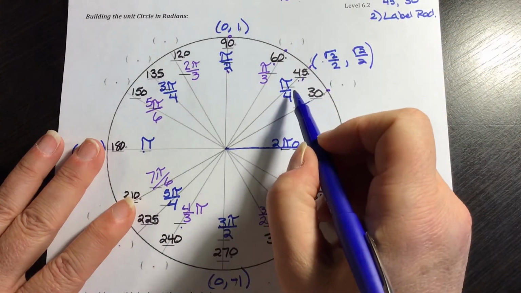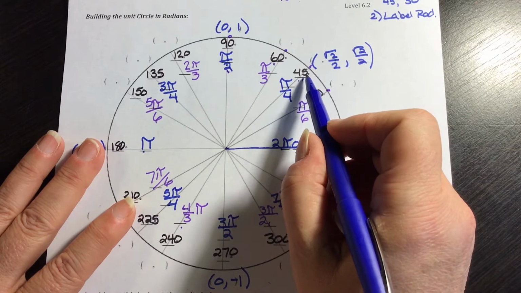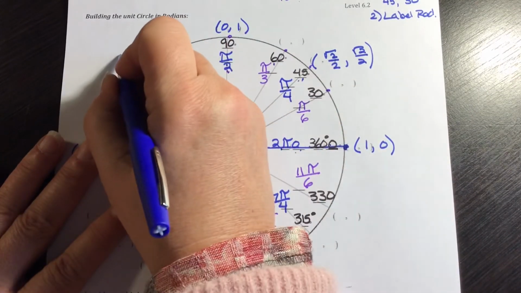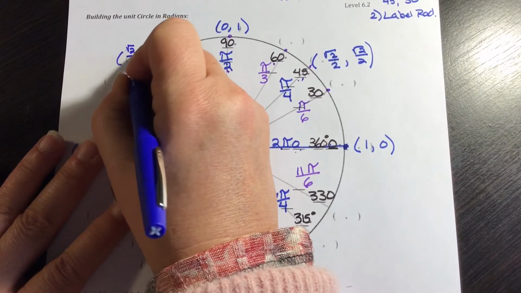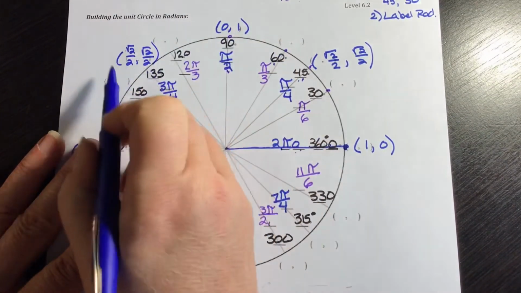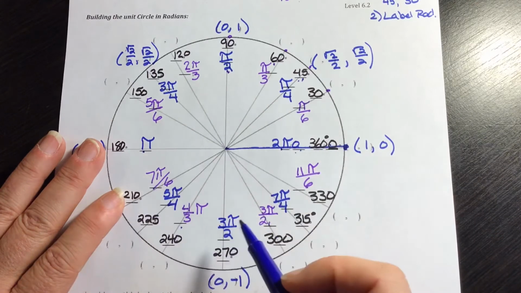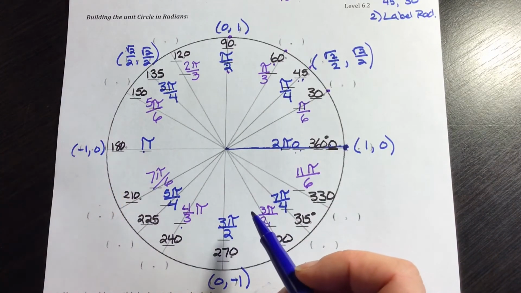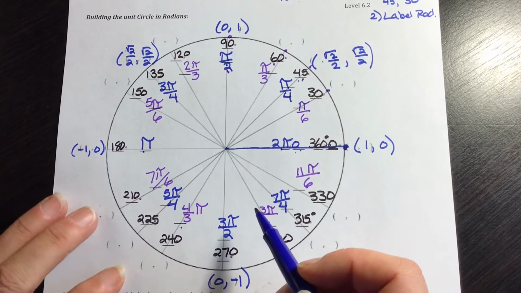For any angle that's a multiple of 45, the coordinates are square root of 2 over 2, square root of 2 over 2. The only thing that will be different is the sign, and we'll talk about that last.